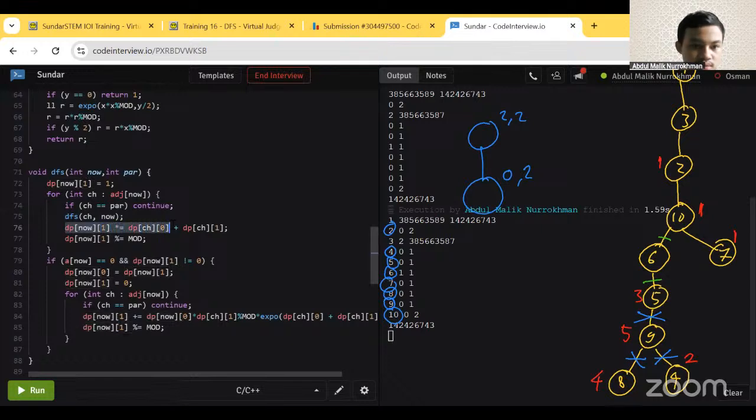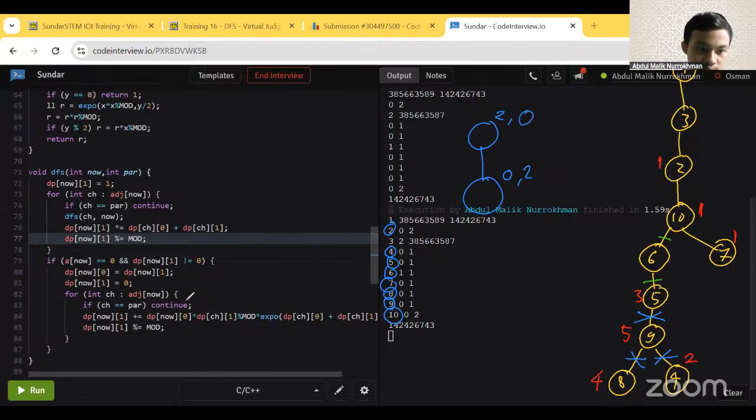DP 1 multiplied by 2. Alright, so now DP 0 equals 2. After that, since A now is equal to 0 and DP now 1, wait, yes, DP now 1 is not equal to 0. Okay, this is initially like this. So DP 0 equals DP 1 and then DP 1 equals 0.